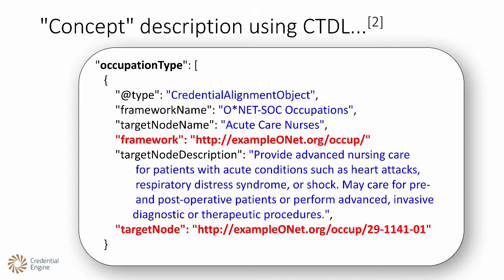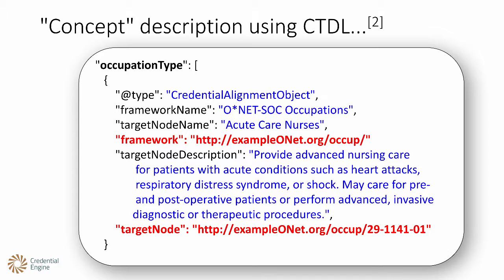So while humans may like going out and reading and seeing the description of acute care nurses over on the ONET website, what an application, something like the Credential Engine, would like to do is to be able to reach out and ingest the data that expresses the acute care nurses. So in other words, we said we're going to be looking at the thing called SKOS.